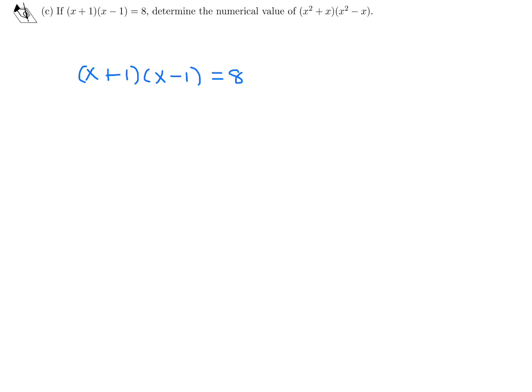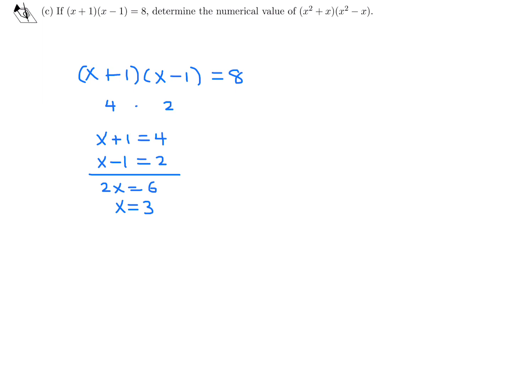And if this was 4 and this is 2, that would work. And if that is the case, that means x plus 1 is 4 and x minus 1 is 2. And if you add these, you get 2x is equal to 6, and therefore x is 3. And that's just a quick way. I mean, if you want to multiply it all out, you get a quadratic and then factor the quadratic, you use the quadratic equation, that's perfectly fine.